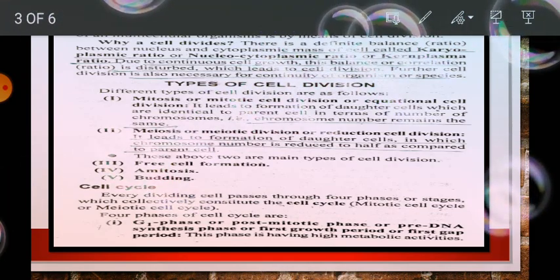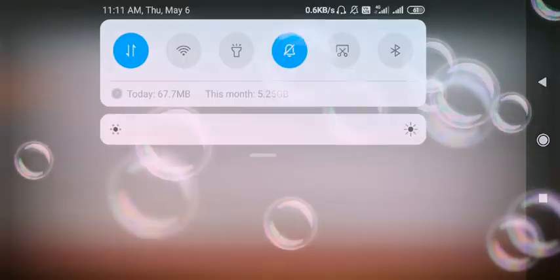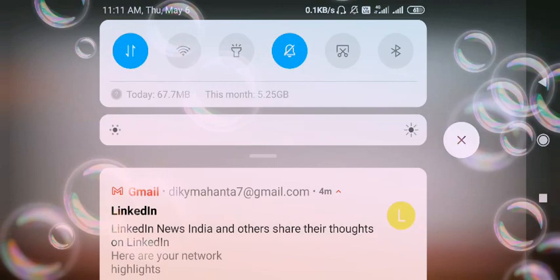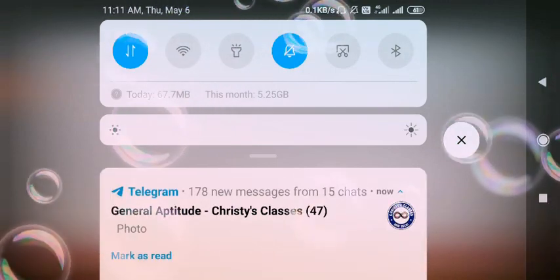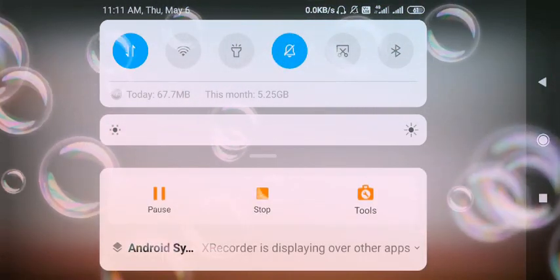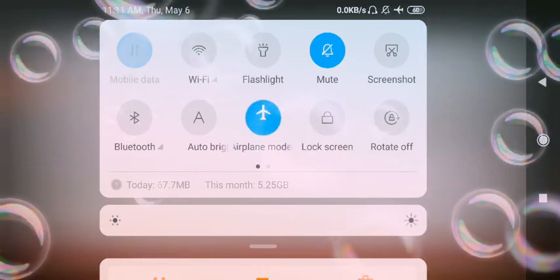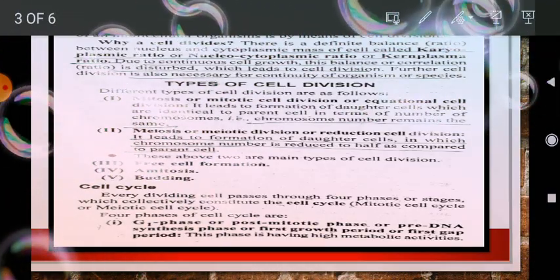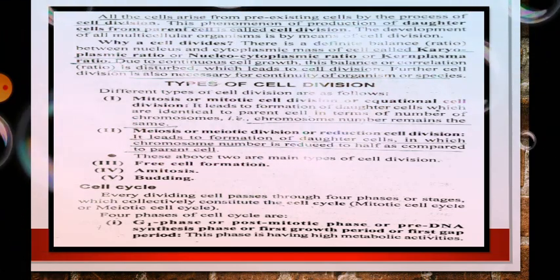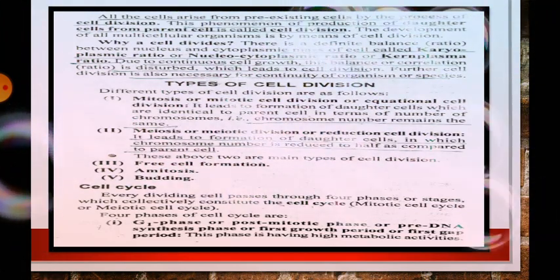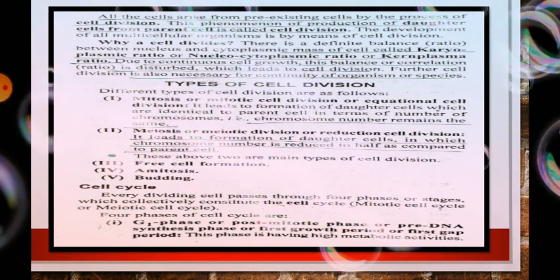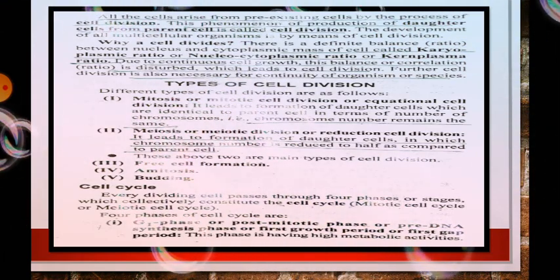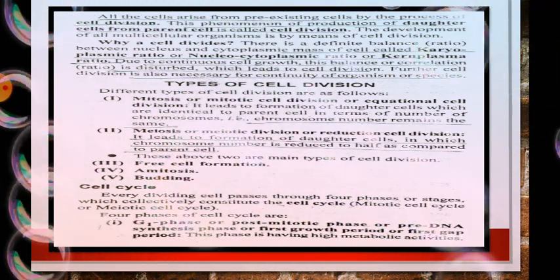So that's why a certain ratio is needed, and the cell is divided to maintain that ratio.